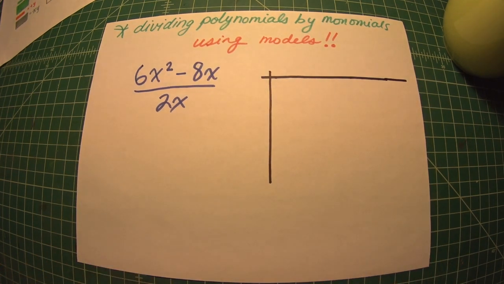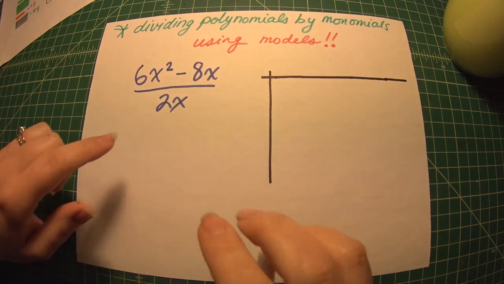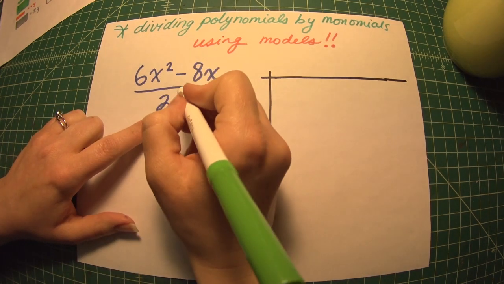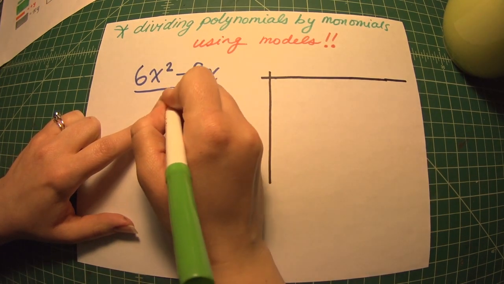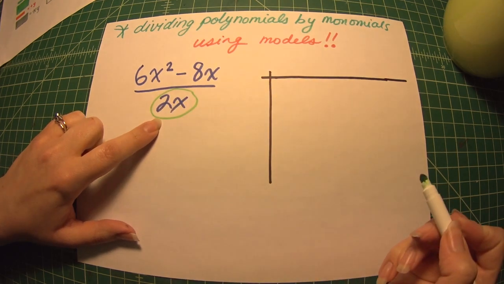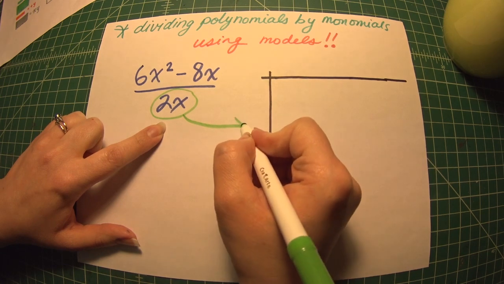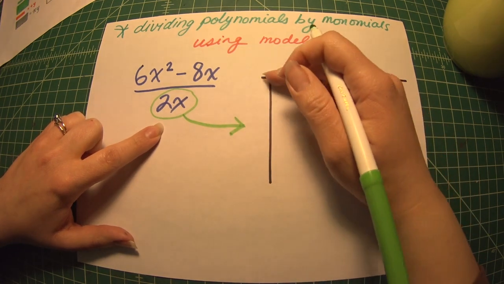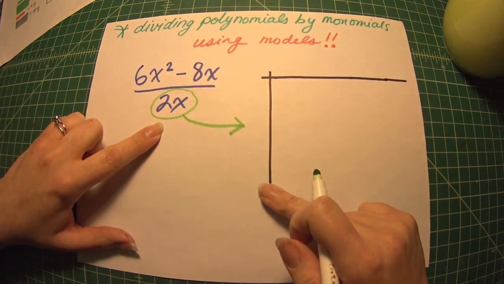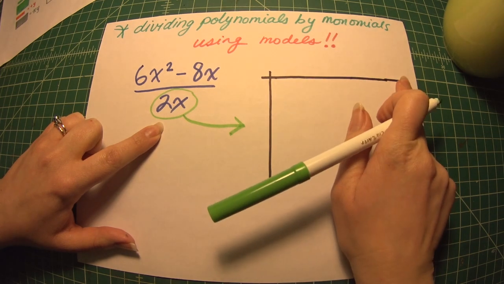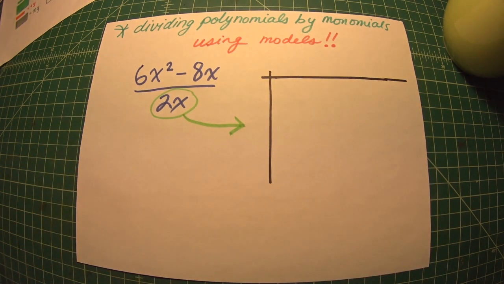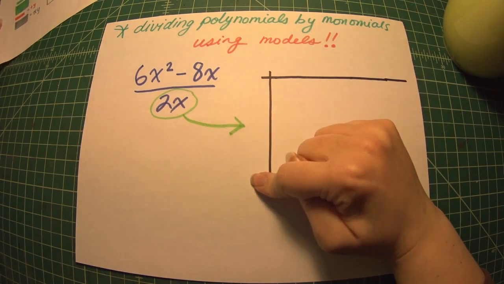Okay, so we always want to begin when we're doing division by looking at the denominator of the fraction here, so the 2x. So that is going to be one of the factors on my frame. So I'm going to need to draw it out. And it doesn't really matter whether you draw it on the side or the top. Either way, you're going to end up with the right answer. So I'm going to draw it on the side here.